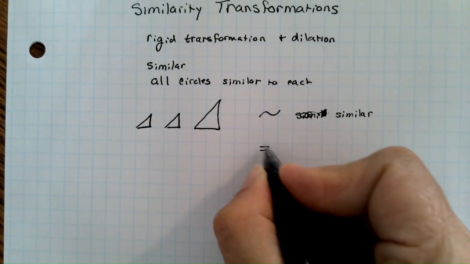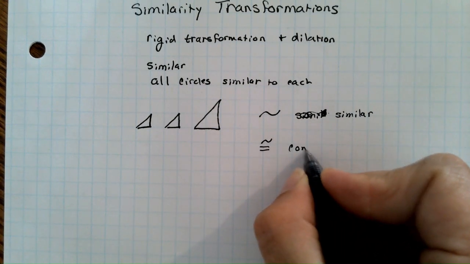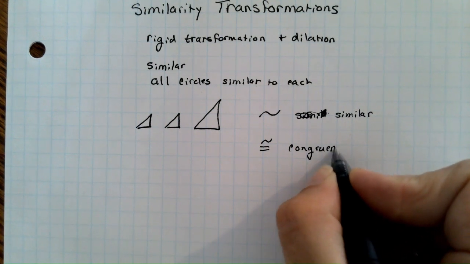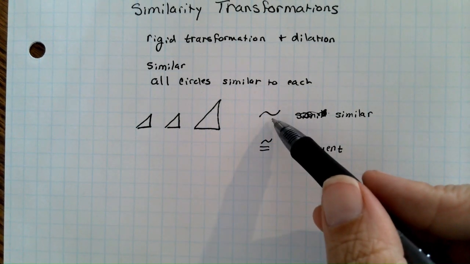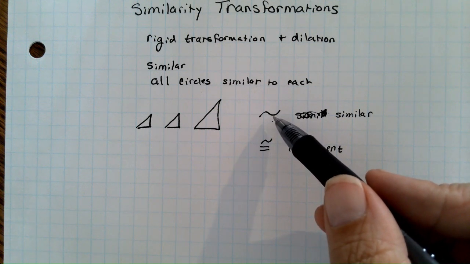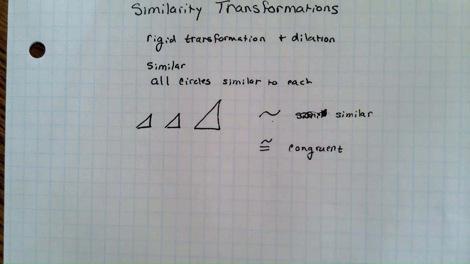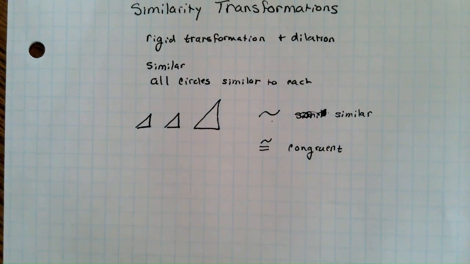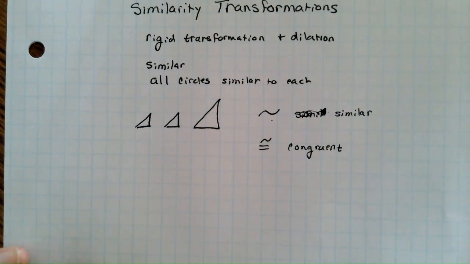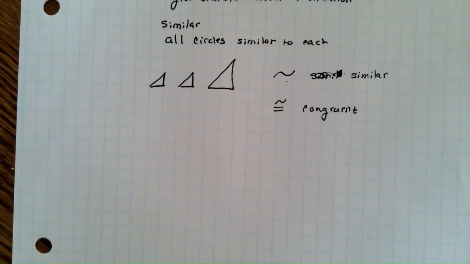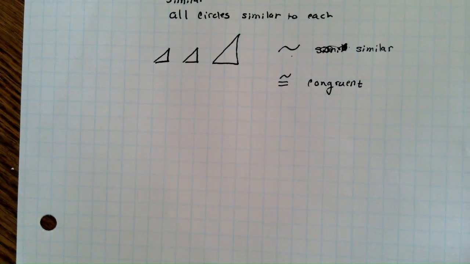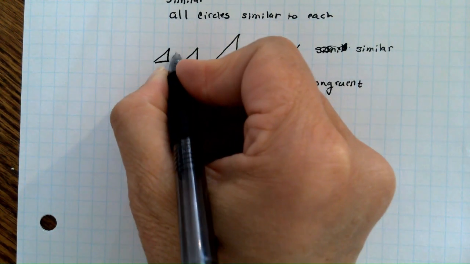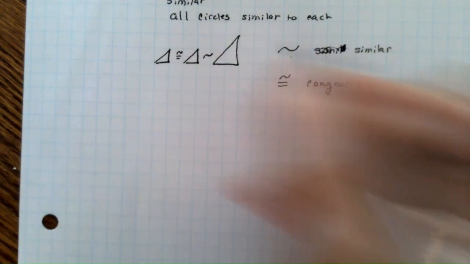Remember, this symbol meant congruent. If you're typing it on the keyboard, you usually find this symbol up by the numbers in the top left corner by number 1. The button to the left of it usually has this symbol. It's kind of hard to get this symbol on the computer. It can be done if you have special programs or you know where the math functions are. So these were congruent, but this was similar.